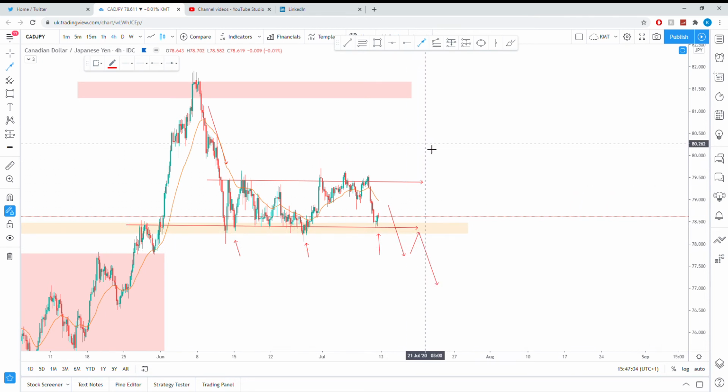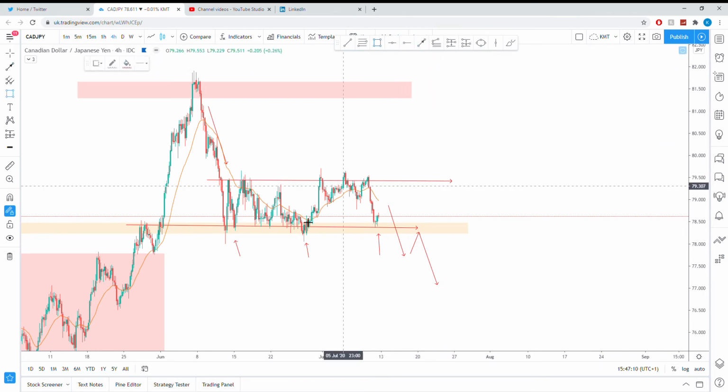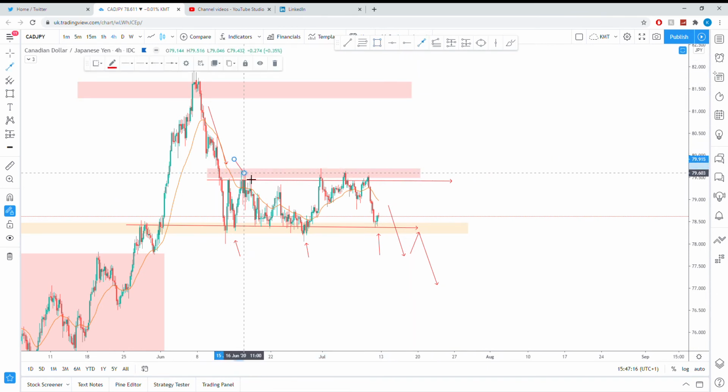Now in terms of buying, I would be looking at a structure above this level as a potential retest. The reason for this is because we can see we've had multiple rejection points. So you can see definitely that price is able to potentially retest if we get a closure above all of these levels.